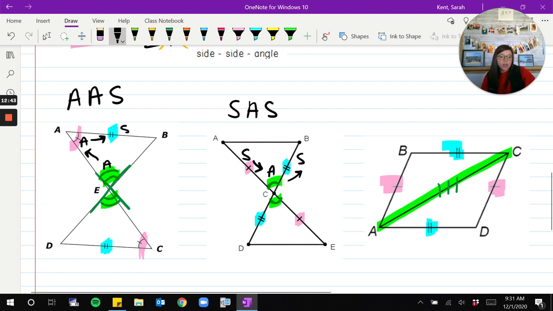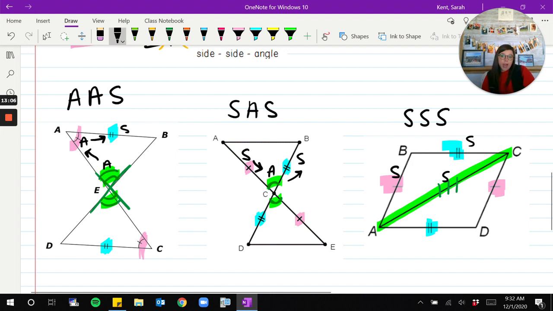So if we look at what we've marked, we've got a side, and a side. So this one would just be side, side, side. They won't always be touching like this, but I wanted to show you some where those triangles are connected.